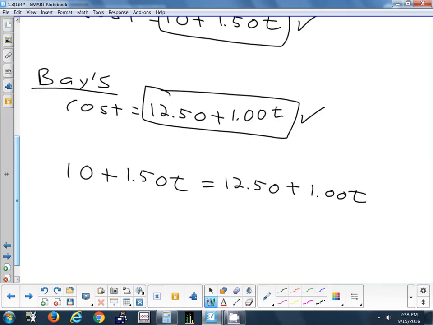So anybody see what I should do first? Shannon? Move the $1T to the left. Okay, she's going to move that $1 T to the left. And Dominic, can you tell me, how do I move that $1 T to the left?